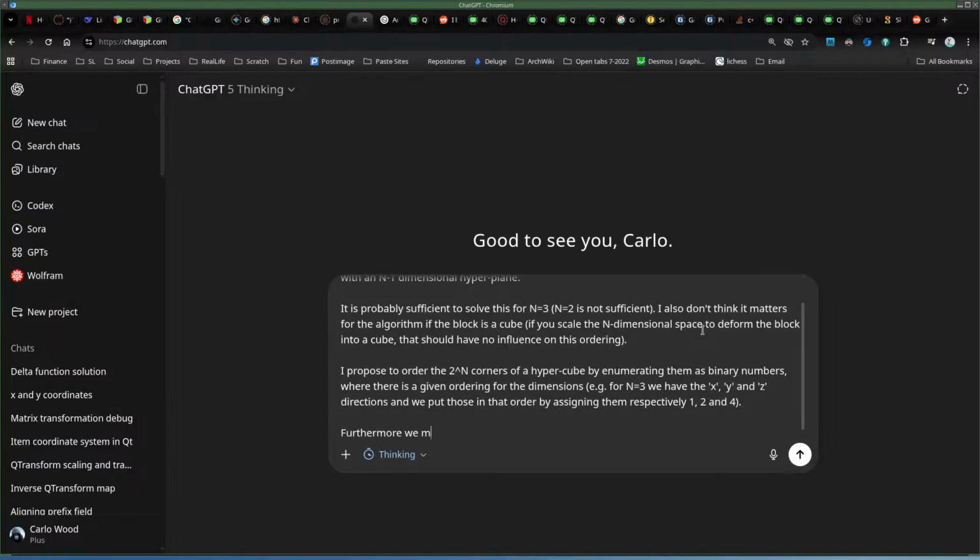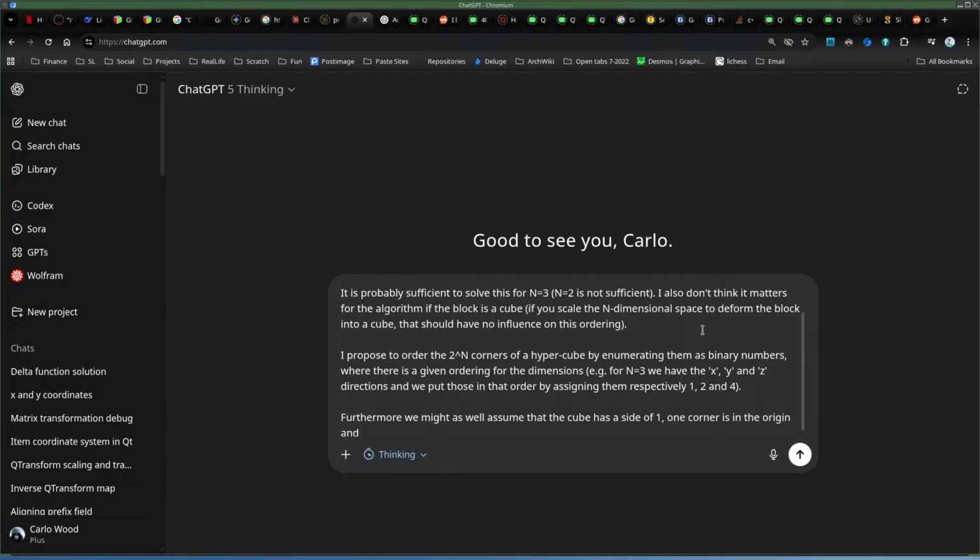Furthermore, we might as well assume that the cube has one corner in the origin and one corner in 1, 1, 1, dot, dot, dot.